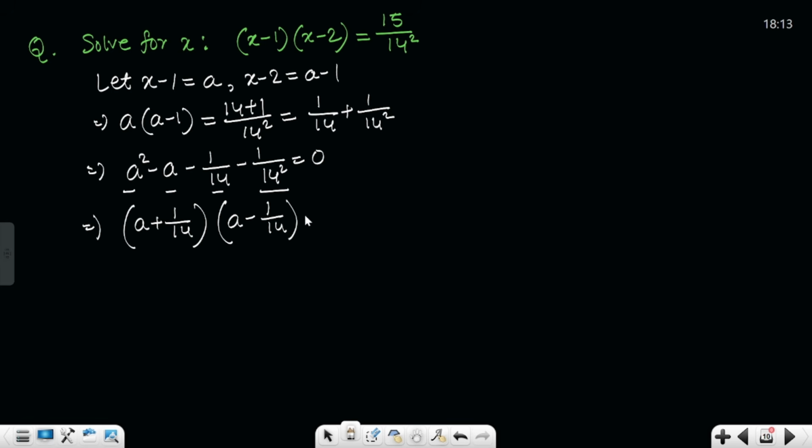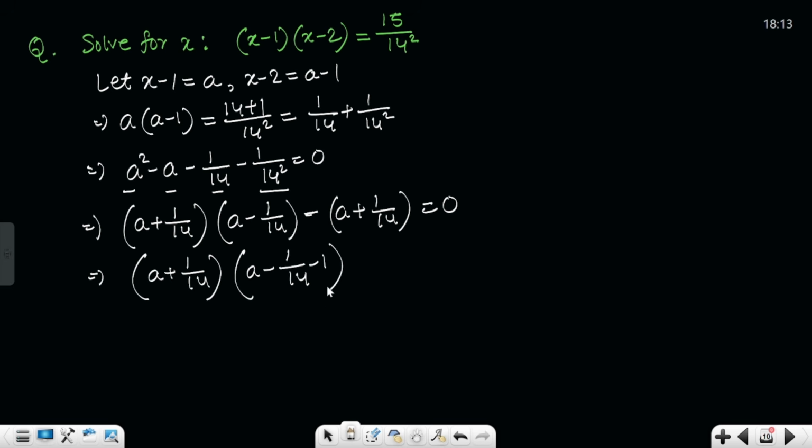And from these two terms, if we take minus common, so in the bracket here it will be a plus 1 by 14, right? This is equal to 0. Now we will take a plus 1 by 14 common. Okay, so in the bracket here it will be a minus 1 by 14 minus 1, which is equal to 0. Now from here, what we can say, a is equal to minus 1 by 14.